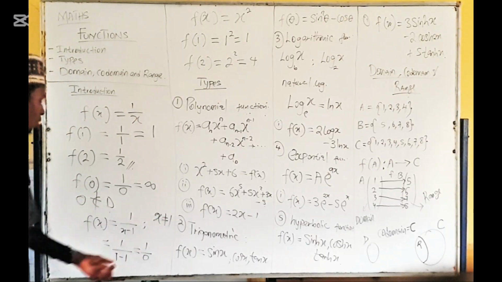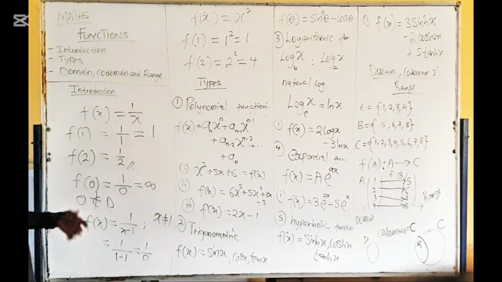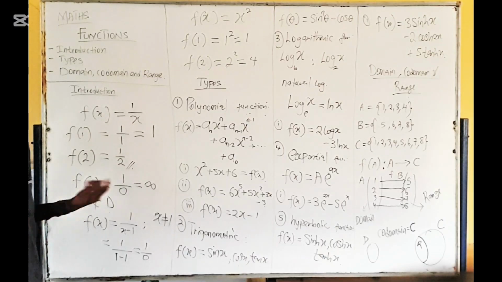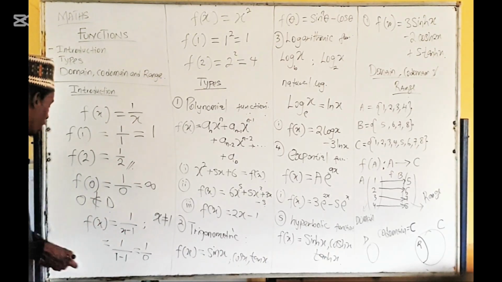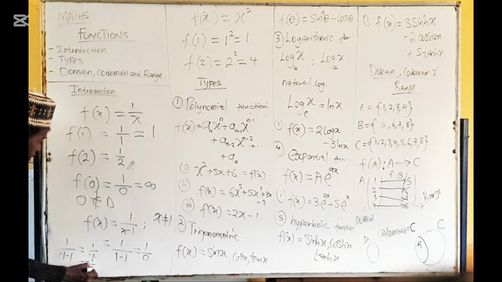But for all other inputs, it is true, because if I put 2, it is correct, and even if I put negative numbers, let's say I put minus 1, it will be true, because we get 1 over minus 1 minus 1, which is 1 over minus 2, which is minus 1 over 2.